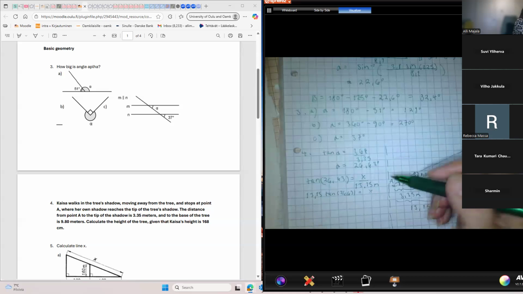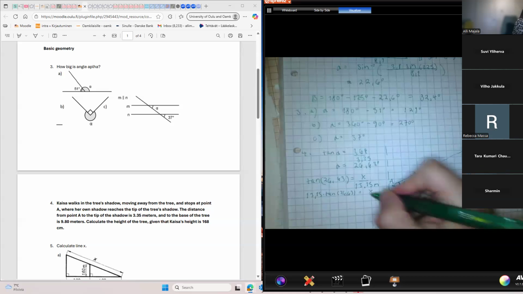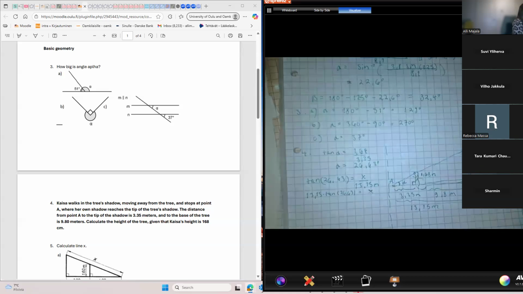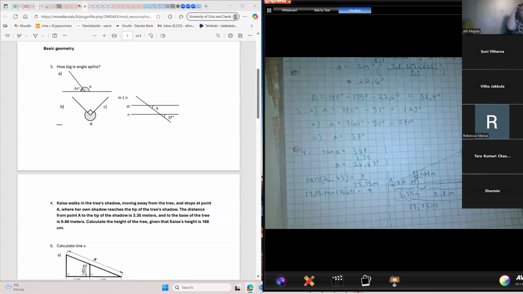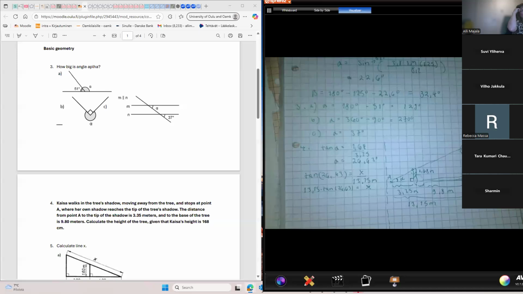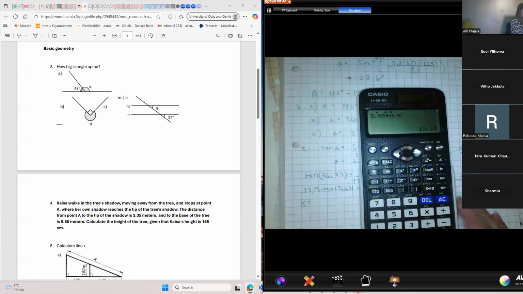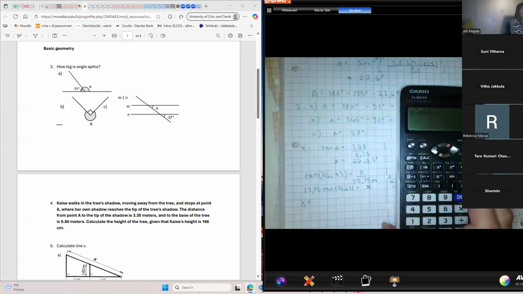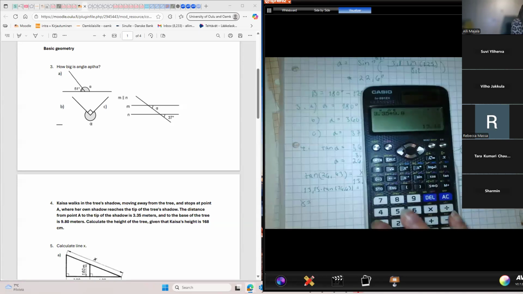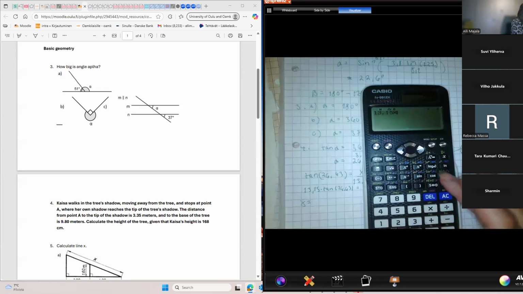Yeah, I have to multiply. That's all. And then I get the values. So I multiply 13.15 with this.